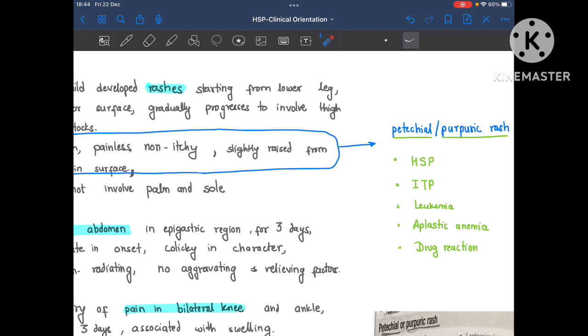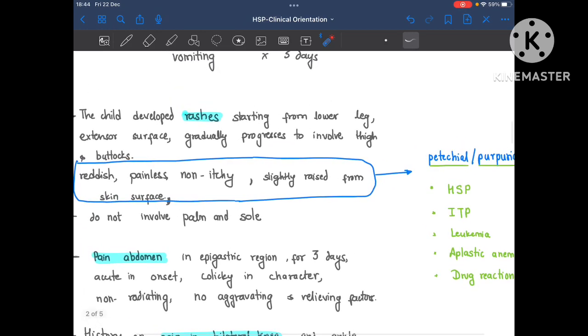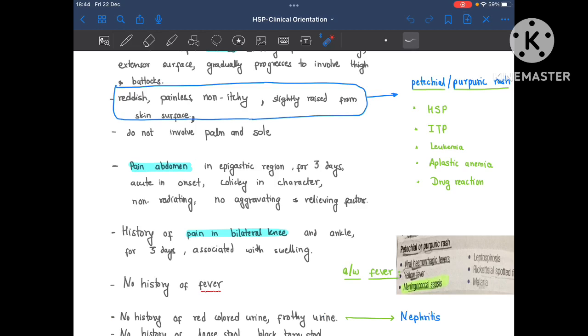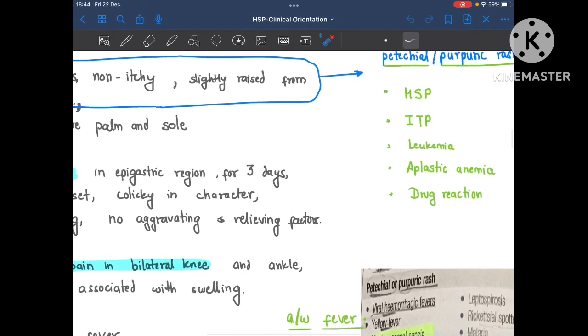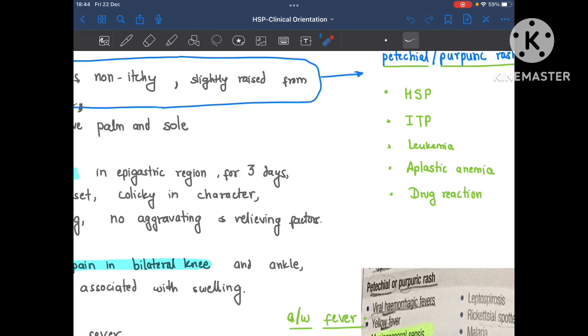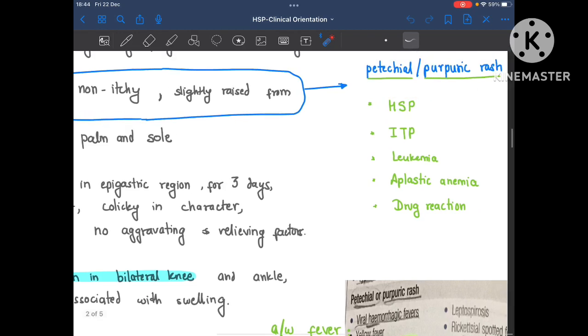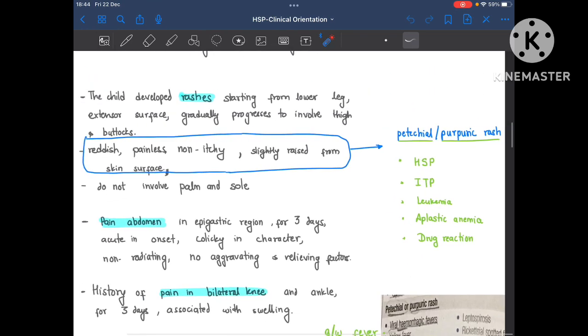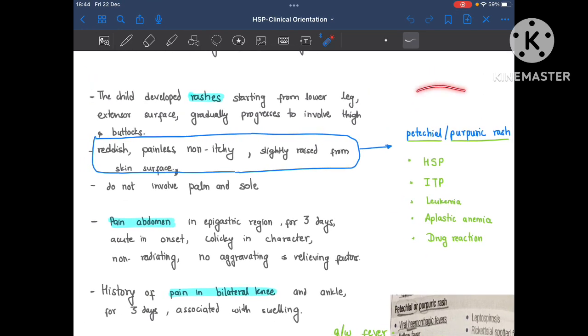Now, why does Henoch Schonlein purpura cause a petechial rash? What actually is Henoch Schonlein purpura? It is a small vessel vasculitis, so it involves the small blood vessels like capillaries. When it causes vasculitis, there is inflammation, endothelial injury and vasodilatation, which lead to the extravasation of RBCs outside the blood vessel.